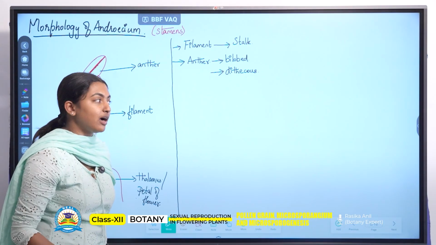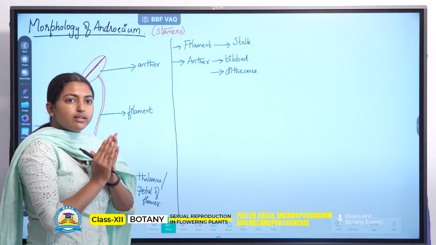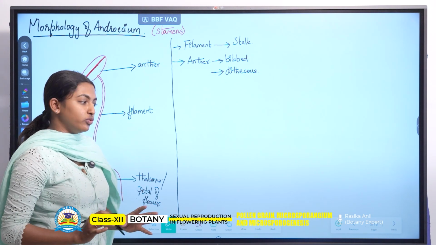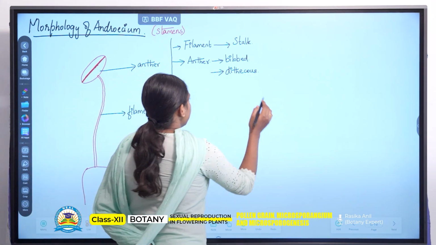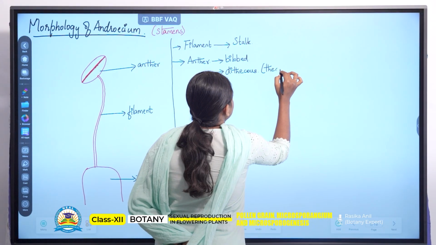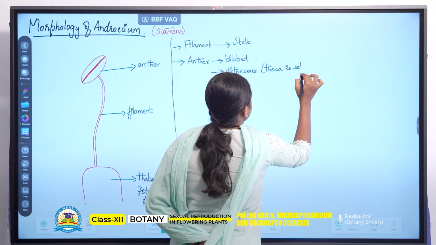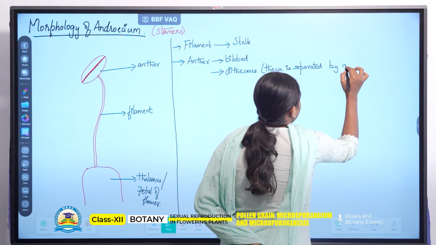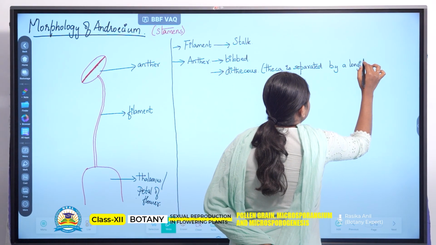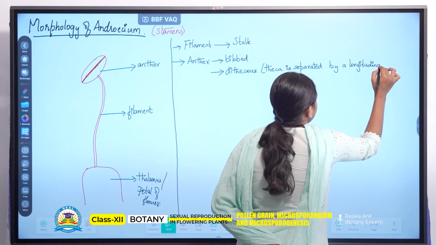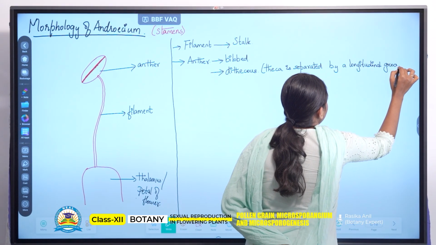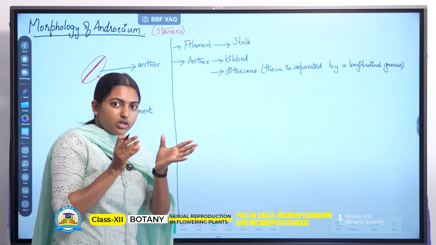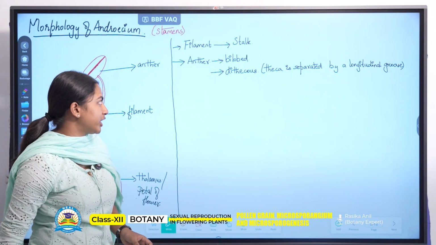So it has two theca, and the two theca are very prominently seen, separated by a longitudinal groove. Now what is a groove? Groove is nothing but a depression which runs along. So that's a longitudinal groove.